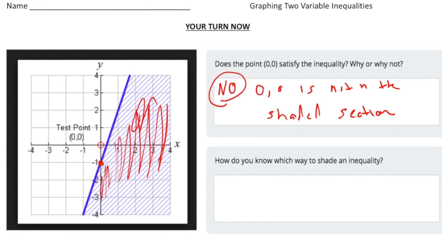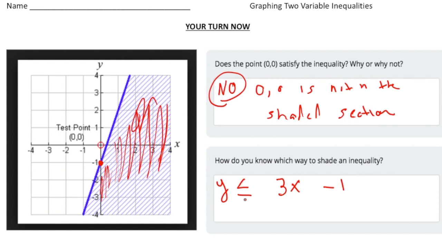We know the y-intercept is at -1, and the slope is up 1, 2, 3, and over 1. So the slope is 3x, so it's going to be y is less than or equal to 3x minus 1.